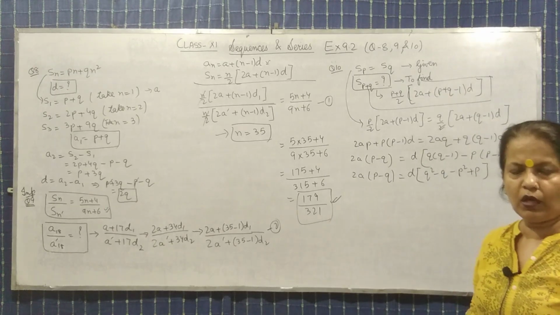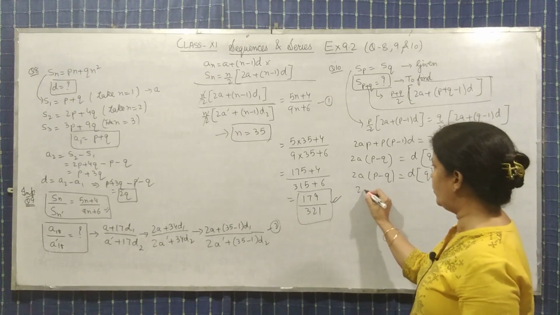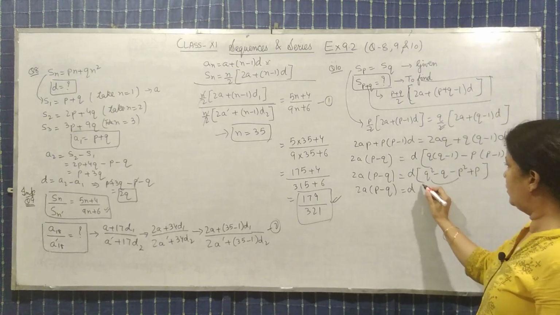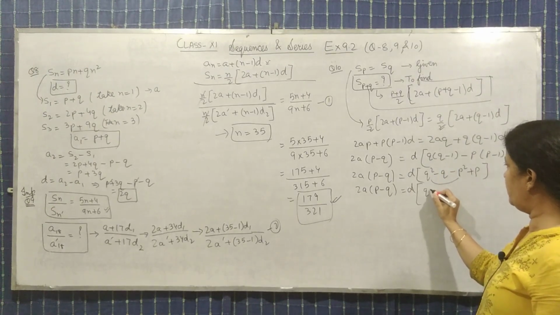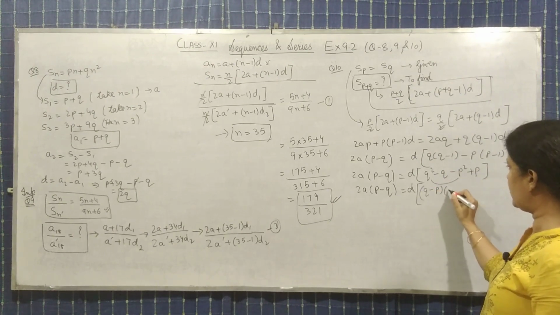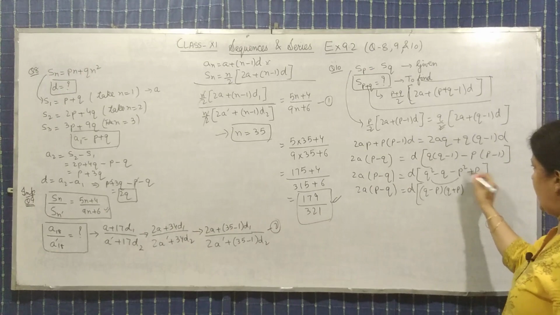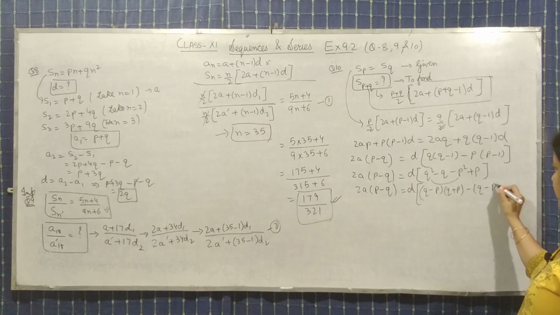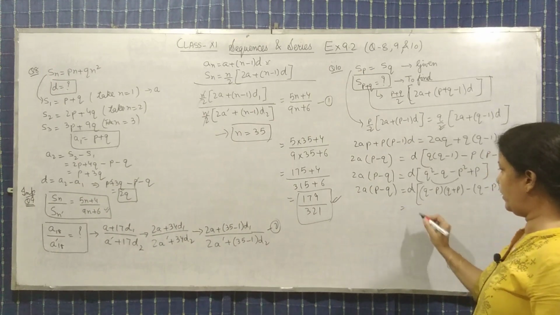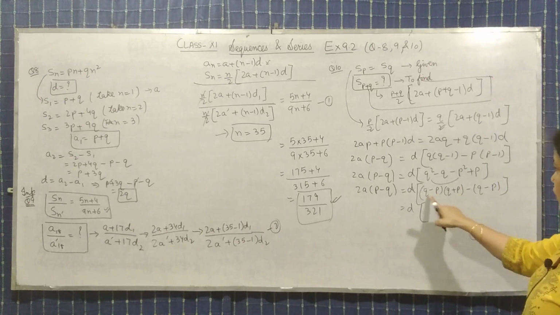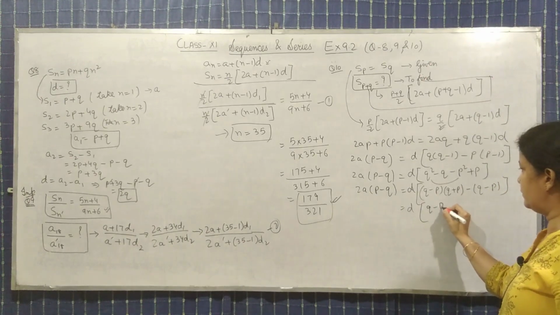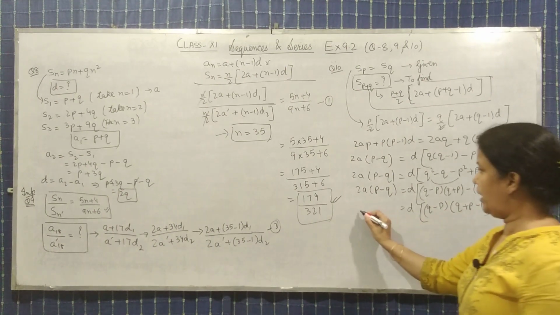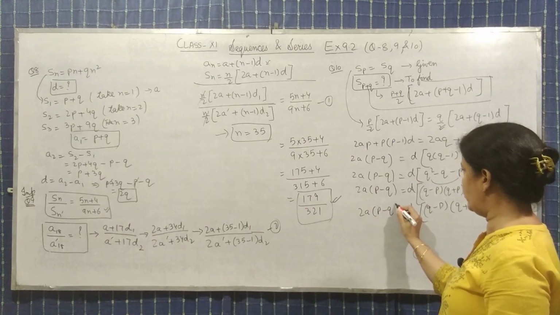As I have told, if you know any other method, you can do it. Now d, compare it: q square minus p square is the a square minus b square concept, and here taking the minus common, q minus p comes out. So d, take q minus p common, and (q plus p minus 1), and here 2a(p minus q).